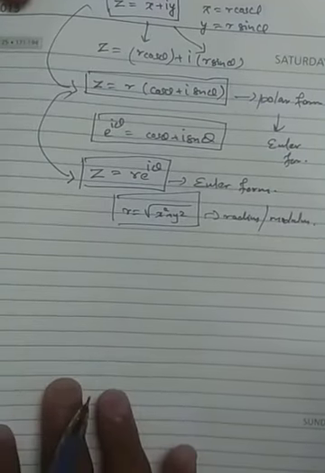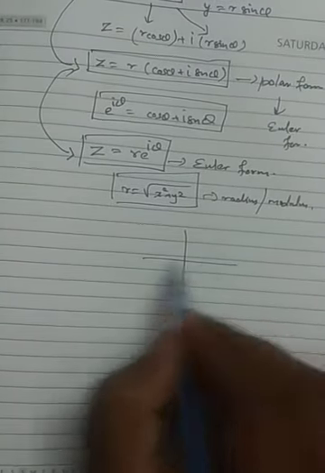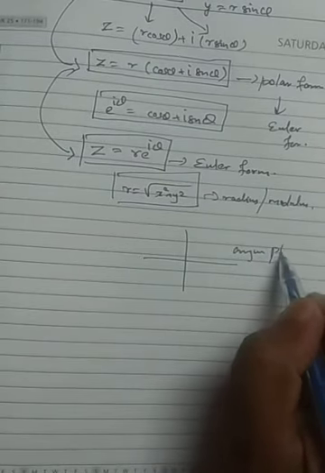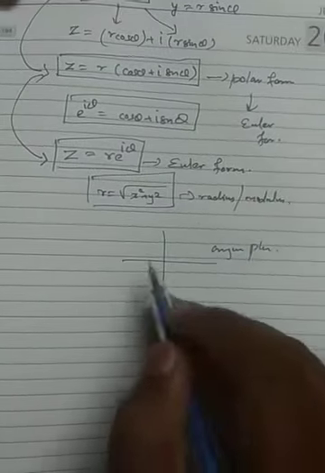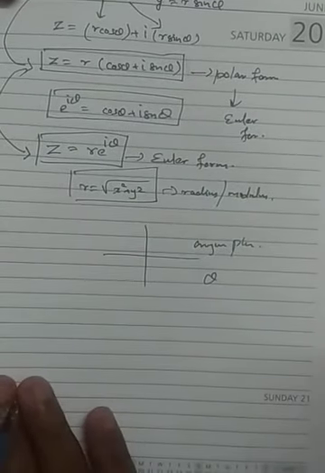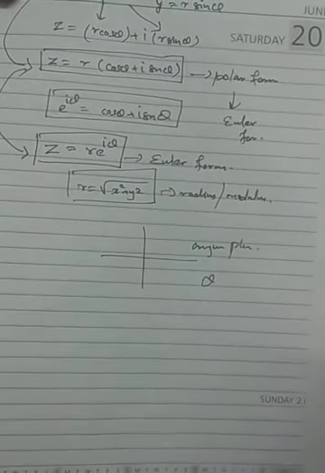Okay, now come back to argument theta. We have this plane, argument plane is nothing but here. So only above the x-axis, the theta value is there, that amplitude or we are saying angle. So whatever is that, that should be in first quadrant.